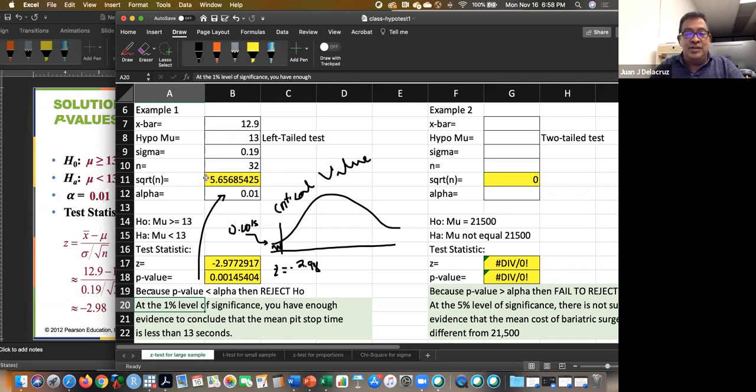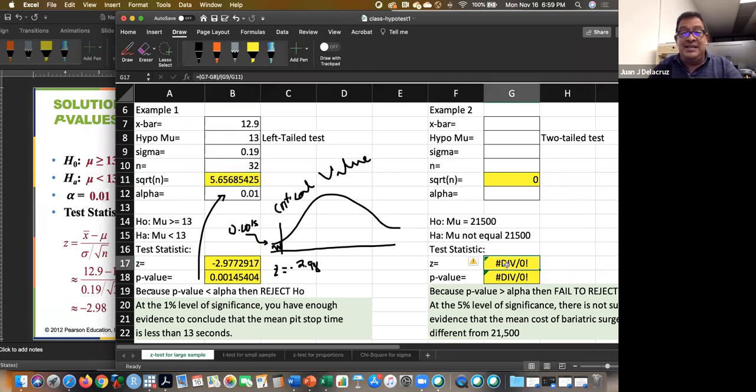I wrote the question here. This is the complement that is going to be the claim. Because we are rejecting H naught, we have enough evidence at the 1% level of significance to conclude that the mean pit stop time is less than 13, okay? I hope it's clear. You don't have to follow this, but you can build it very easily without any problem.